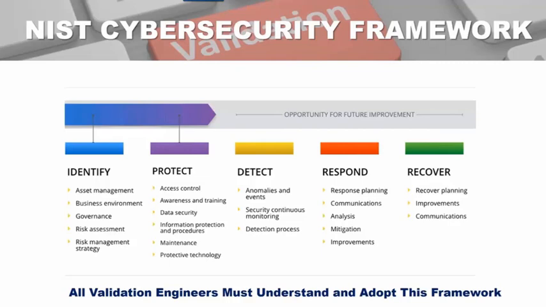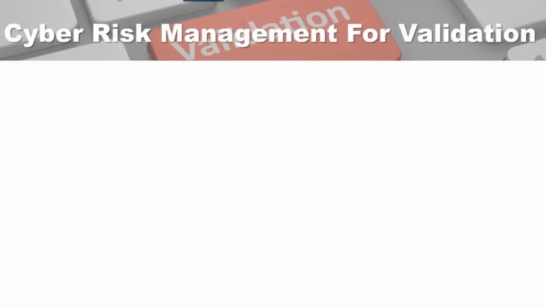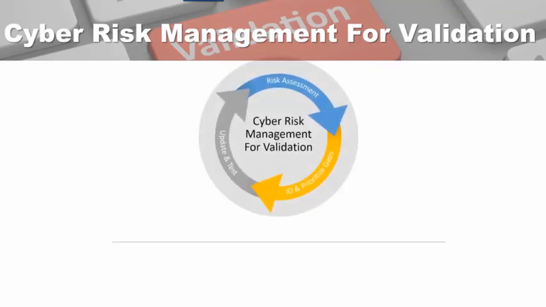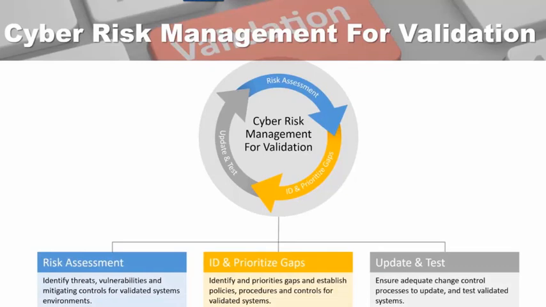But validation engineers have to understand and adopt this framework. They have to understand how this framework impacts them and adopt this framework over time. So when you look at the cybersecurity and the risk management of cybersecurity, it involves a risk assessment, identification and prioritization of the gaps, and updating and testing the system on a continuous basis for cybersecurity.